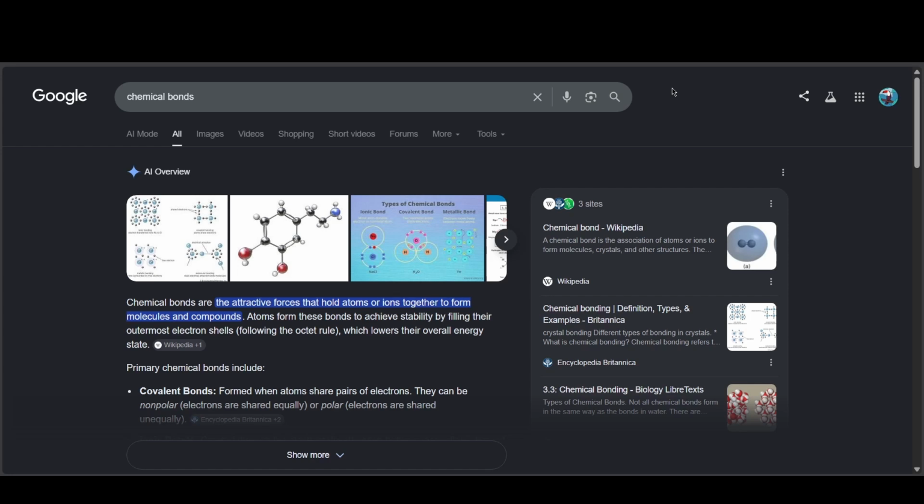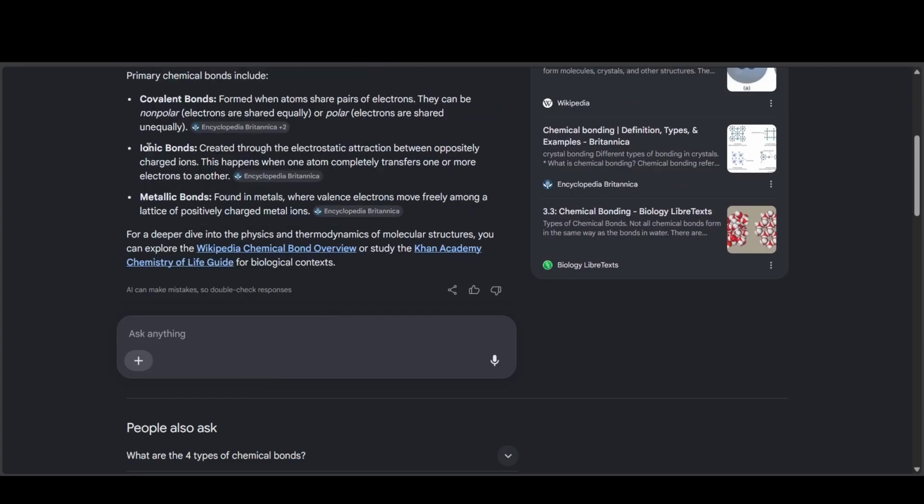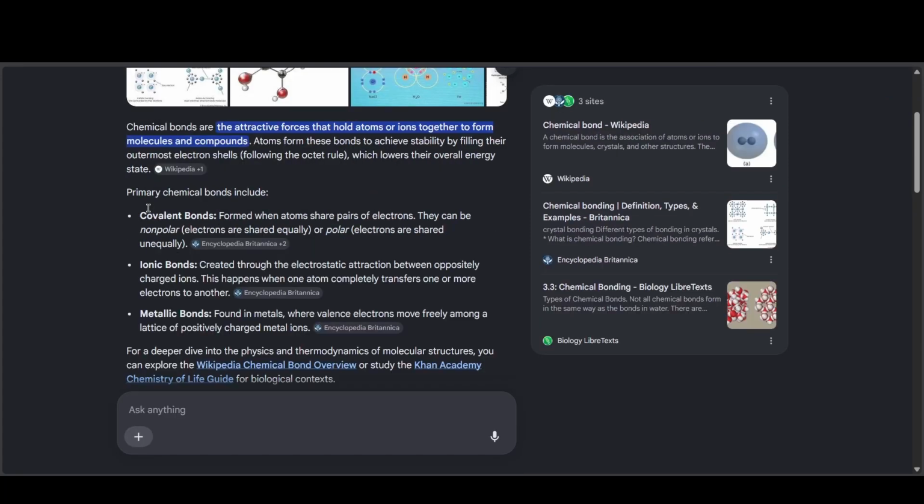And we can see right here that I'm not sure if there are more chemical bonds, but the first chemical bond is the covalent bond, which is formed when atoms share pairs of electrons.